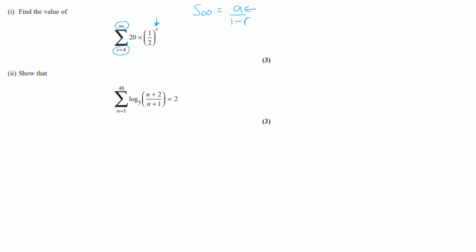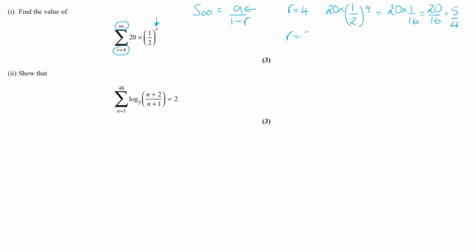So when r is equal to 4, the first term will be 20 times 1 over 2 to the 4. 20 times 1/16 is 20 over 16, which is 5 over 4.